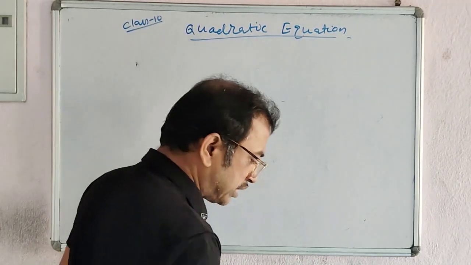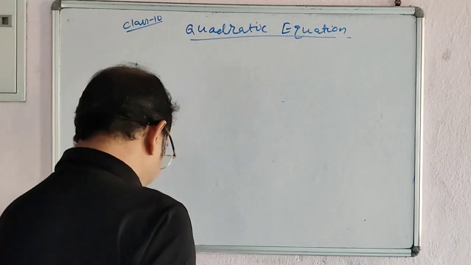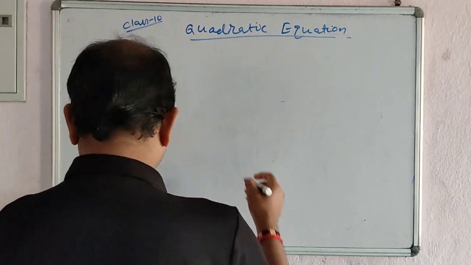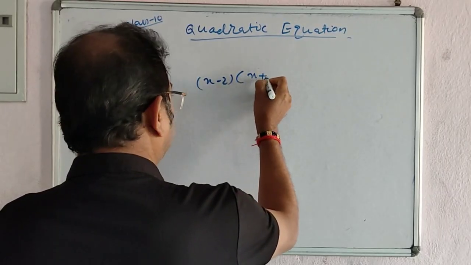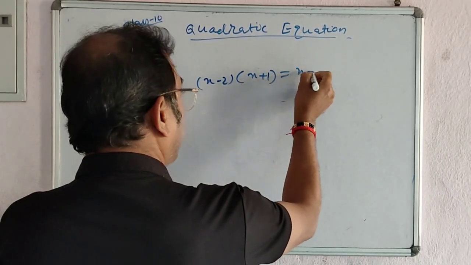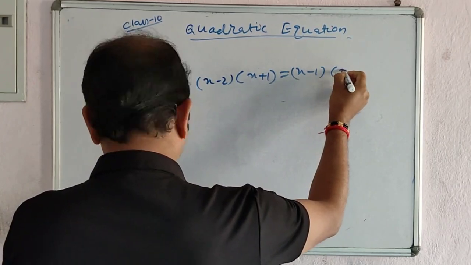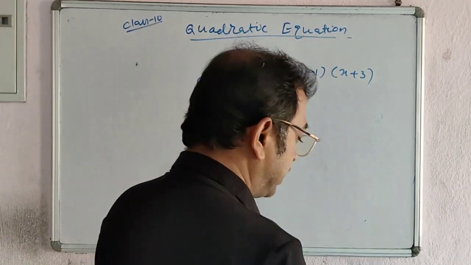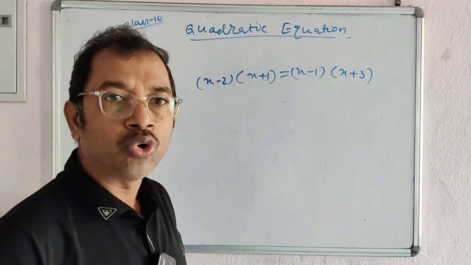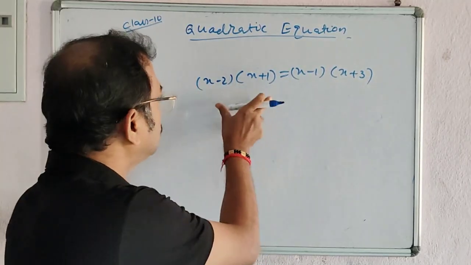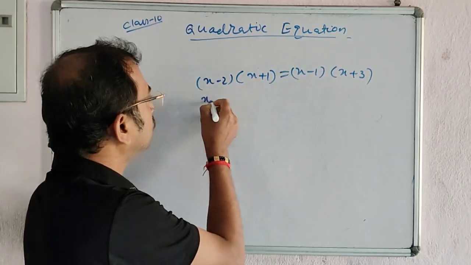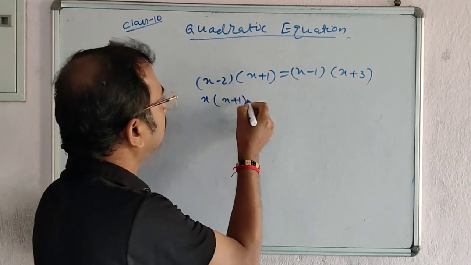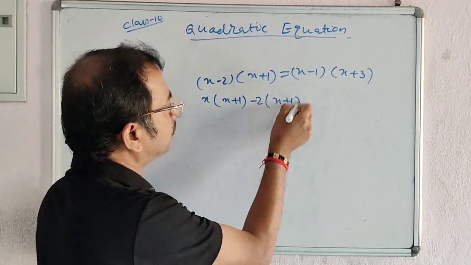Suppose an equation is given: (x minus 2) into (x plus 1) equal to (x minus 1) into (x plus 3). Is it a quadratic equation? So how do you know? Check it, expand it. How will we expand? Multiply it, so x into (x plus 1) minus 2 into (x plus 1).